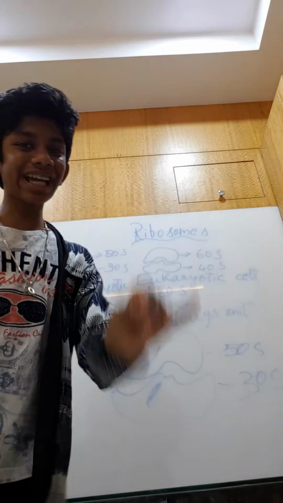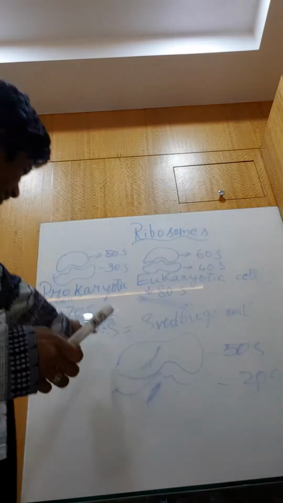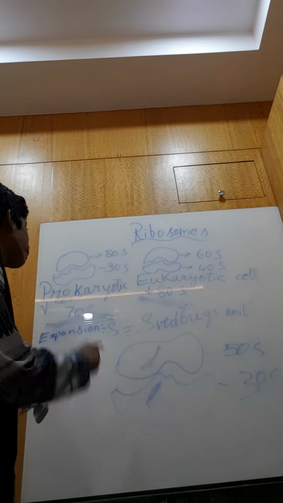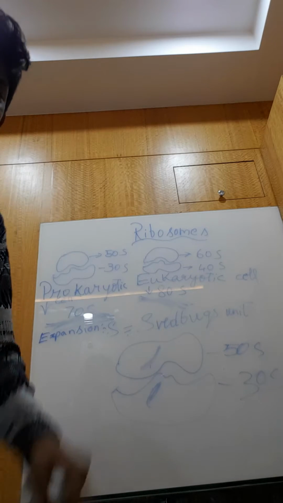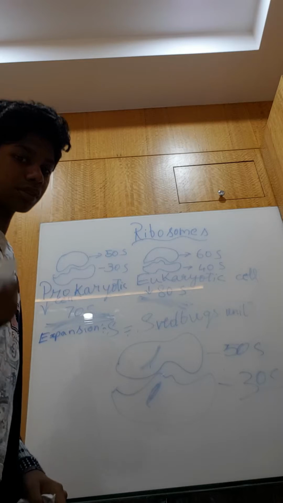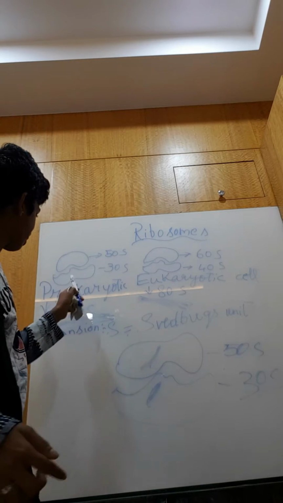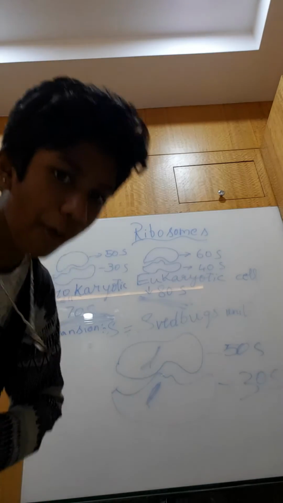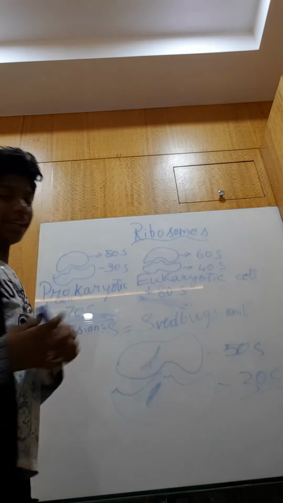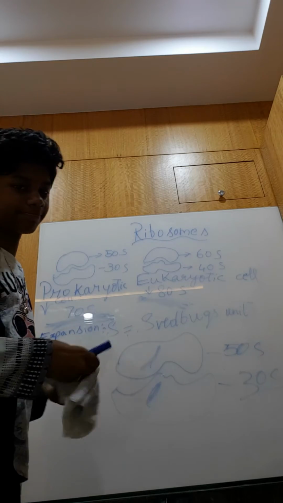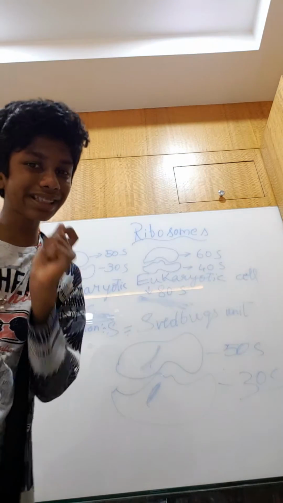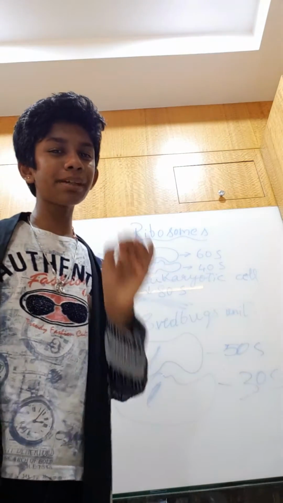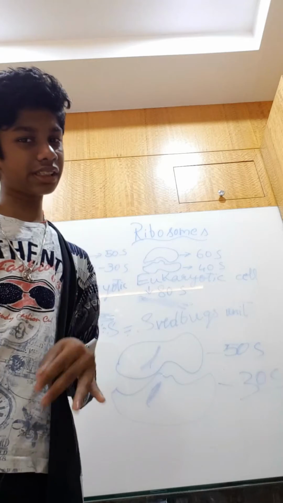So we can say that eukaryotic cells are mainly made up of 80S ribosomes, and prokaryotic cells are mainly made up of 70S ribosomes. Another thing, please note down: in a eukaryotic cell it may be 80S or 70S, it depends.